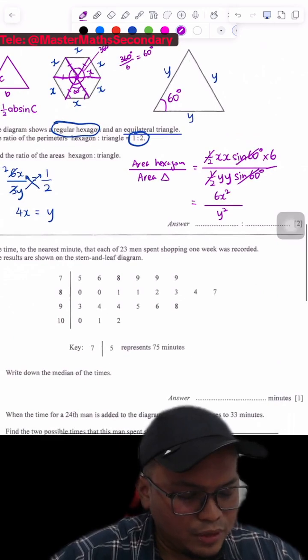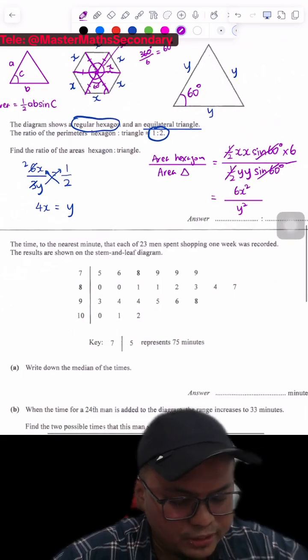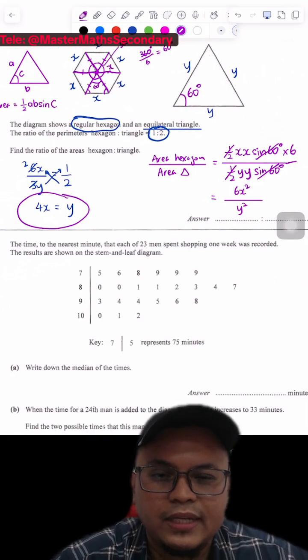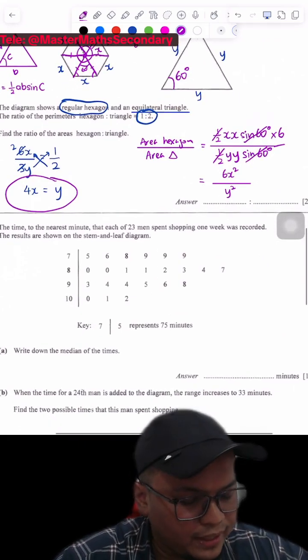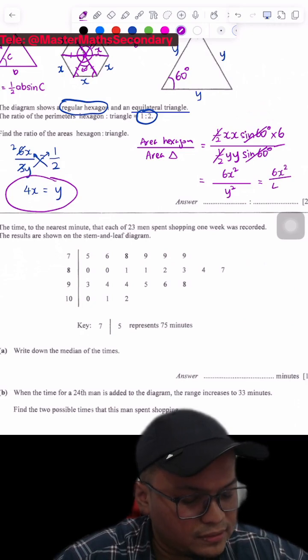Now we have 6x squared at the top and y squared at the bottom. I'm going to use what we found just now, that y equals 4x. So I replace y with 4x, and don't forget to square the whole thing.